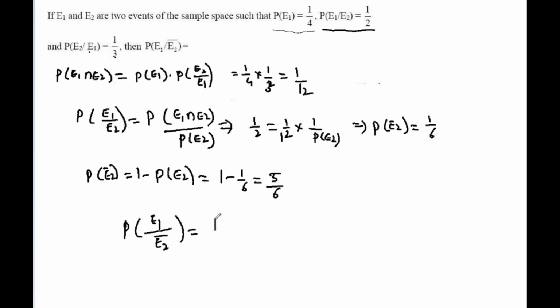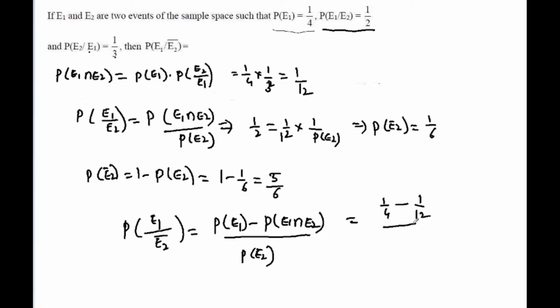This is the formula: probability of E1 minus P of E1 intersection E2 by P of E2 bar. P of E1 is 1 by 4 minus P of E1 intersection E2, that is 1 by 12, by P of E2 bar. P of E2 bar value is 5 by 6.